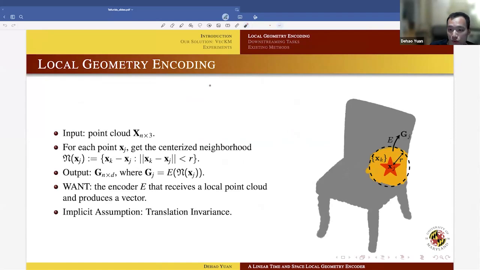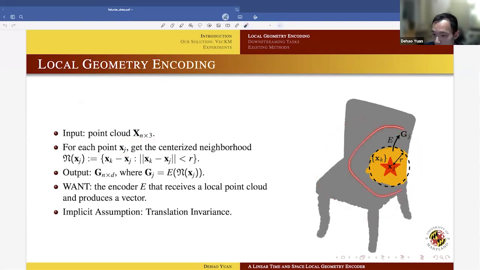So, a brief background: what is local geometry encoding? Let's say we have an input point cloud, which is an n×3 matrix. On the right-hand side, all the points here are the point cloud. Local geometry encoding works as follows: for each point xj in this point cloud, you get the centerized neighborhood.